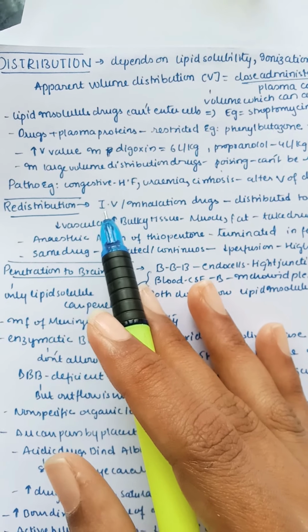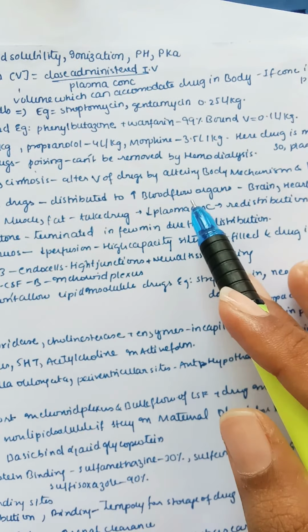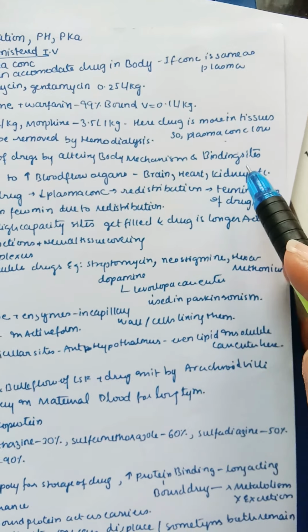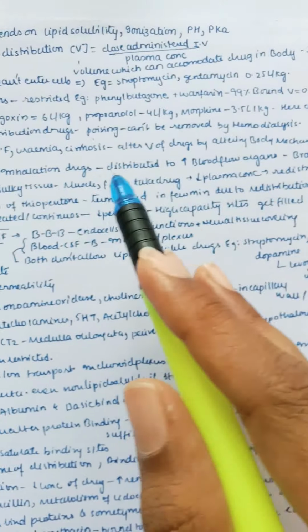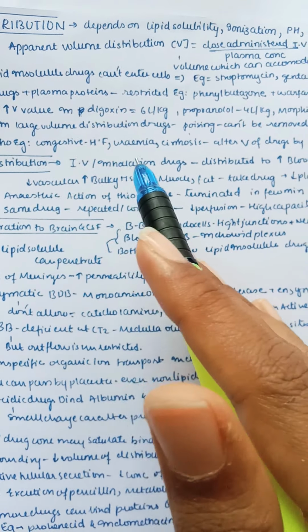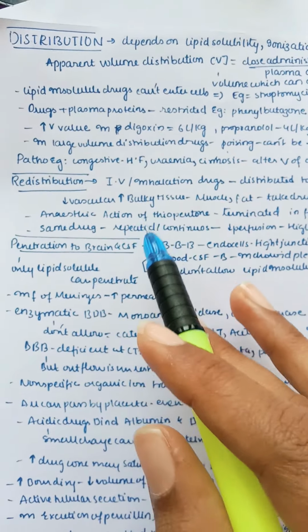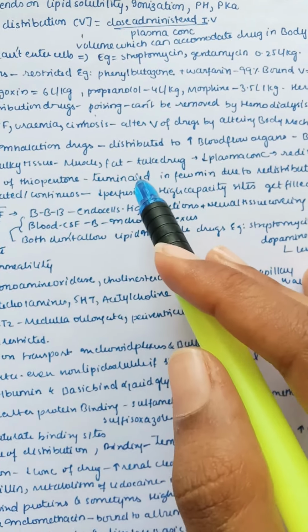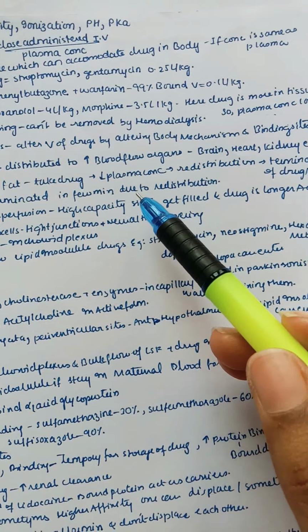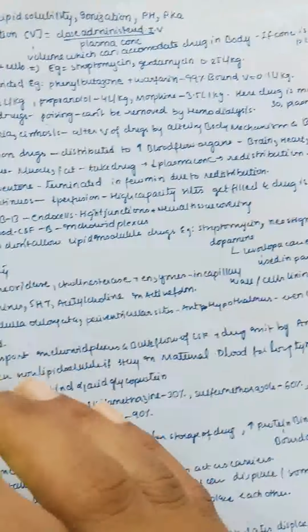For example, take drugs given by the intravenous route or inhalation drugs. They are distributed to organs with high blood flow, for example brain, heart, and kidney. Here there is very high blood flow, so first they reach these organs. Then with decreasing vascular flow and increasing bulky tissue, redistribution also takes place, like in muscles and fat, which take up the drug, decrease the plasma concentration, undergo redistribution, and finally terminate the drug action.